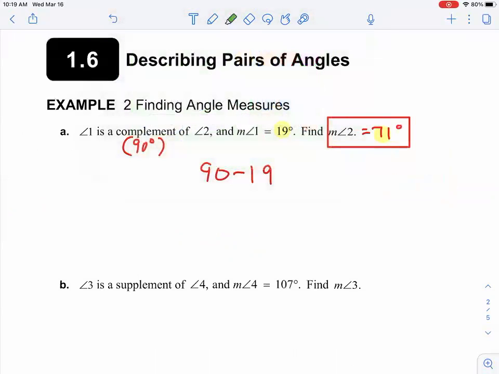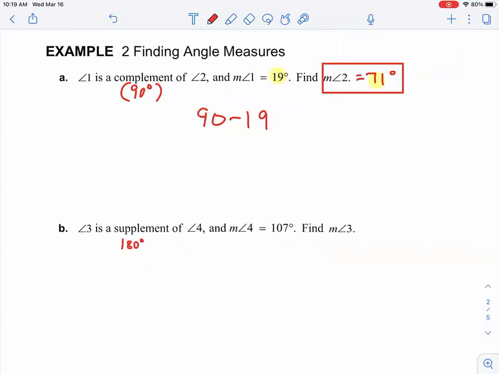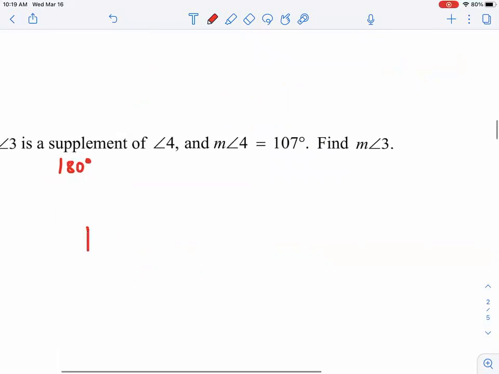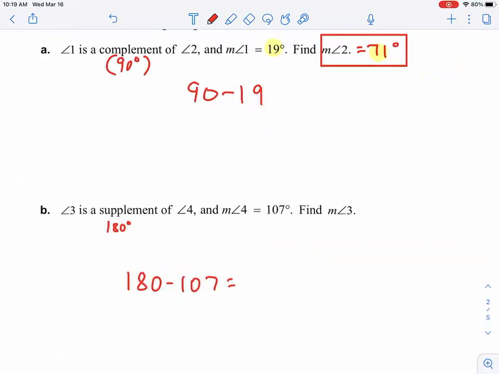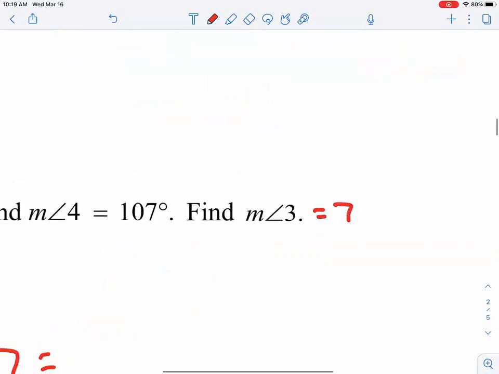If the angles are supplementary, that means they're going to add up to 180 degrees. So 3 and 4 are supplementary. Angle 4 is 107, so I would have to do 180 minus 107, which would be 71 degrees. So the measure of angle 3 is 71 degrees.